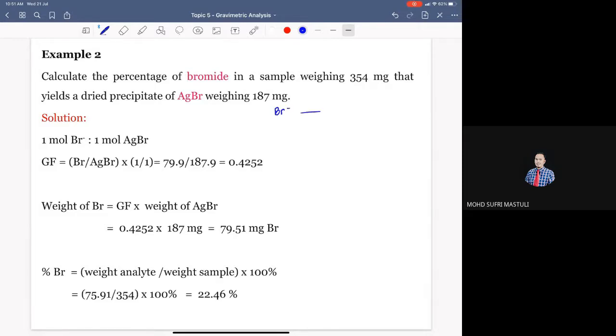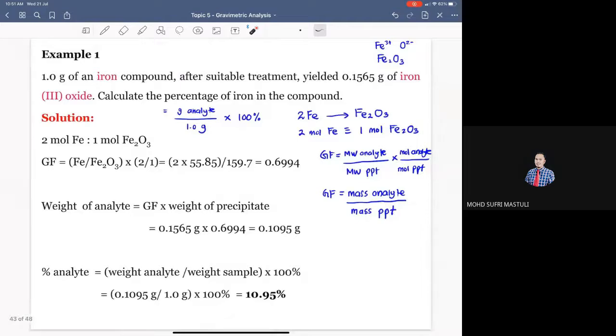Bromide is converted into silver Br. So the relationship is 1 mole Br related to 1 mole silver Br.